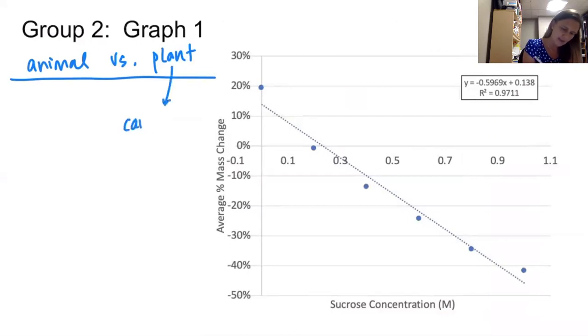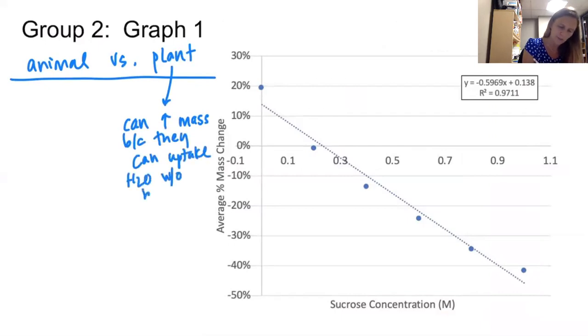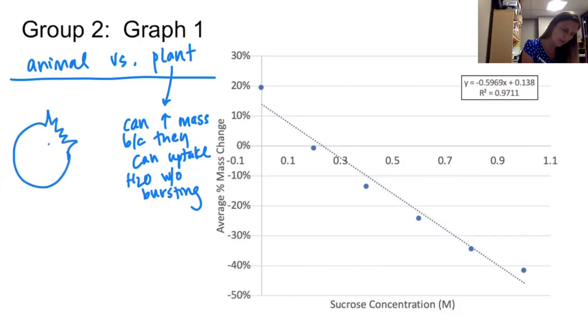Plants can increase the mass because they can uptake water without bursting, right? Animal cells are pretty full. They can't take in very much more water before they will physically burst open and the water will come spilling out, right? So this is what that question had to do with.